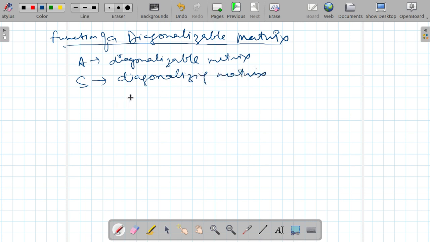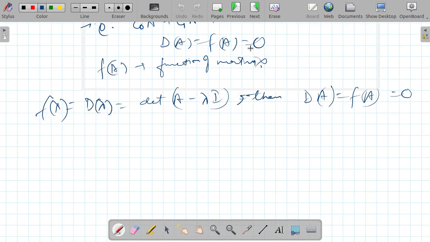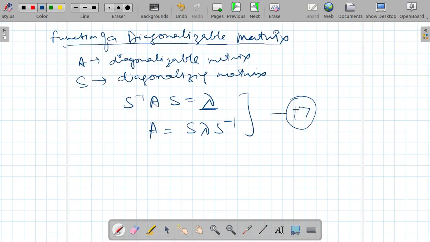As we have chosen S such that S inverse A S is equal to lambda, because lambda is a diagonal matrix, we can also write it the other way around as A is equal to S lambda S inverse. Let me call these equation number 16 and equation number 17.